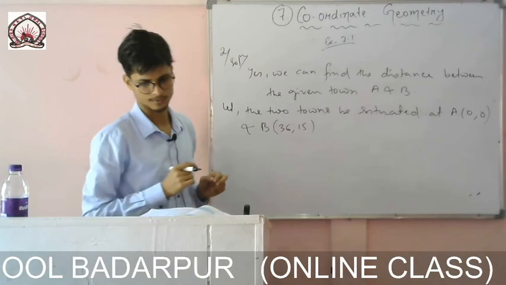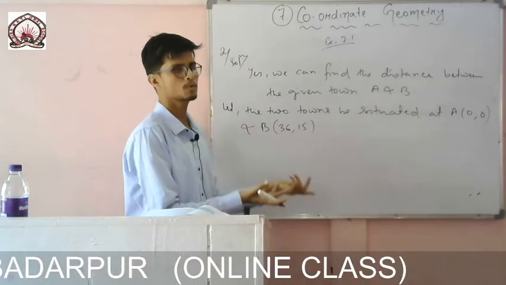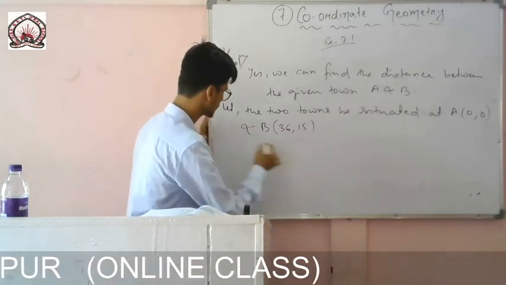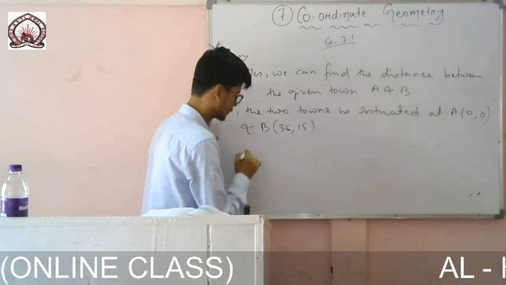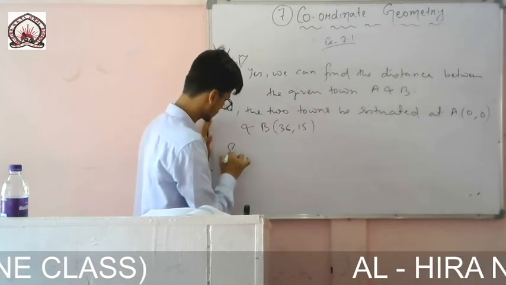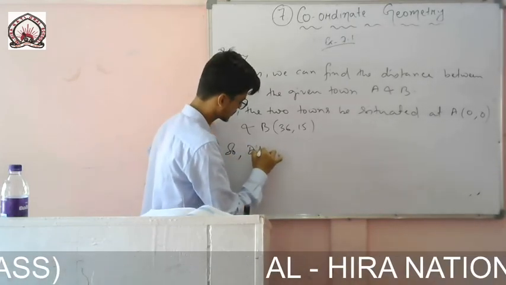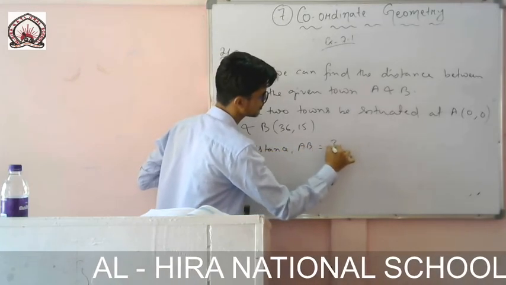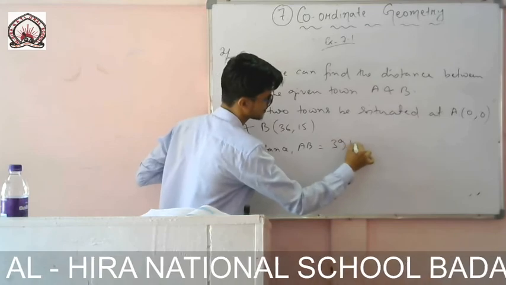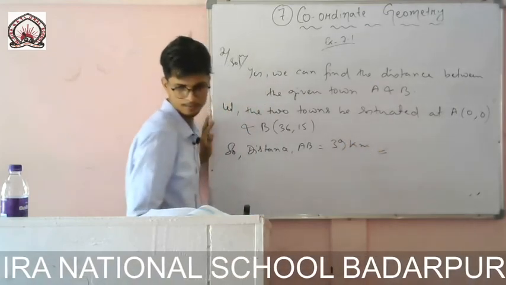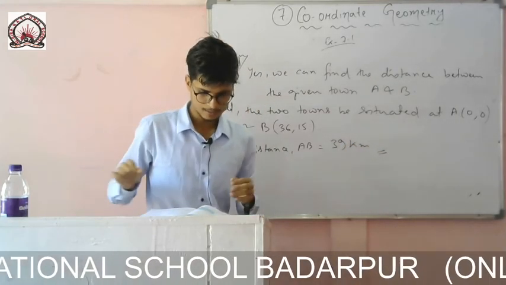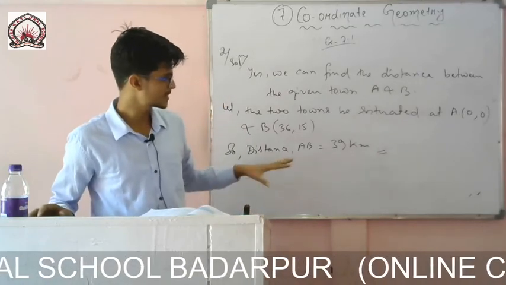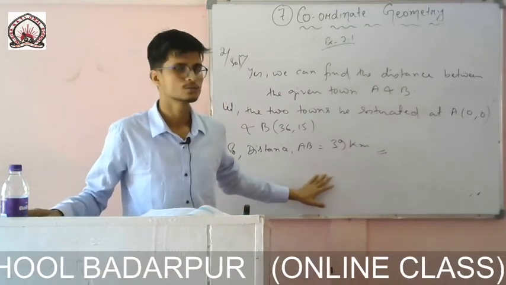The distance we have already calculated, no need to calculate it another time. So you can write, distance AB will be equal to 39 kilometers. So this is the distance between the two towns.